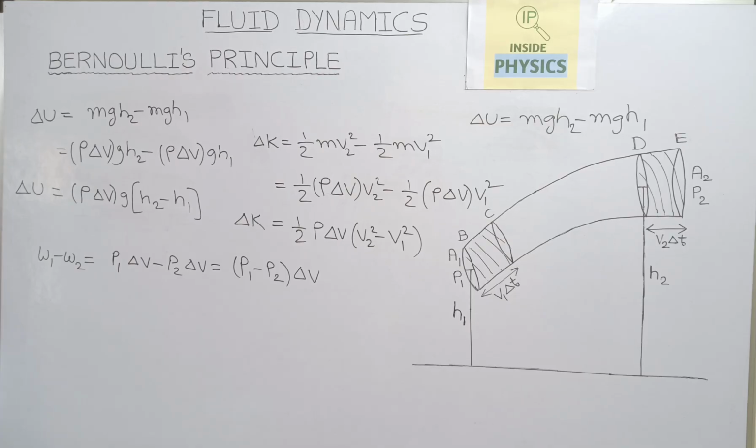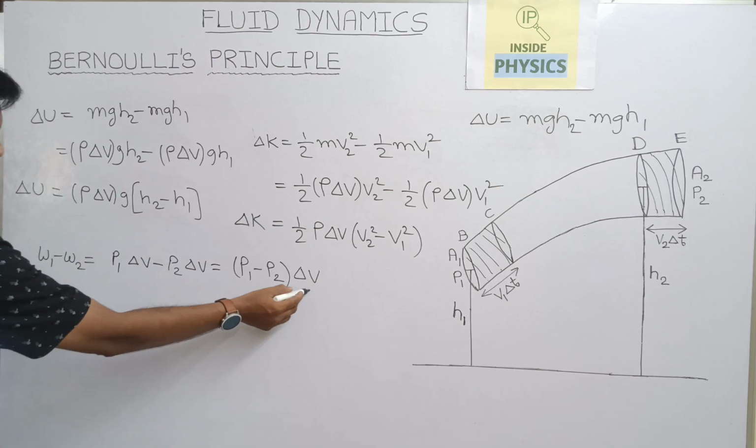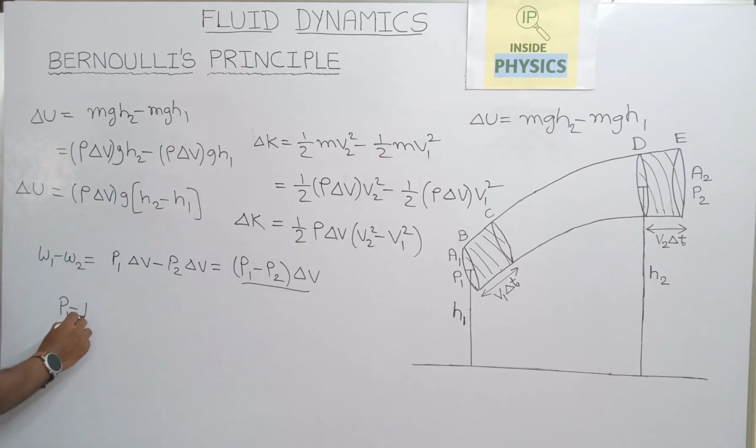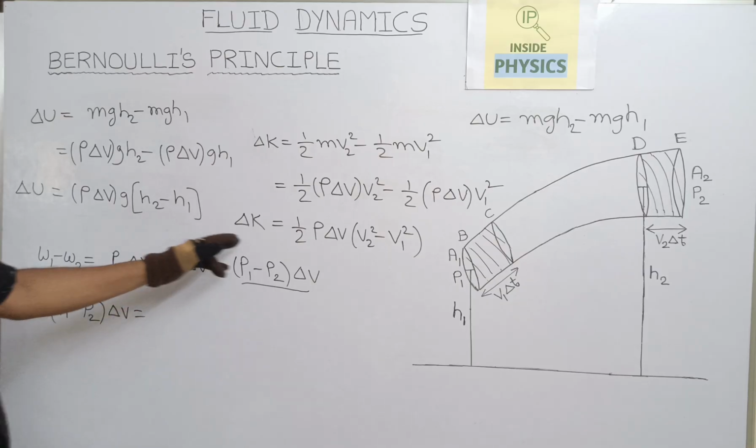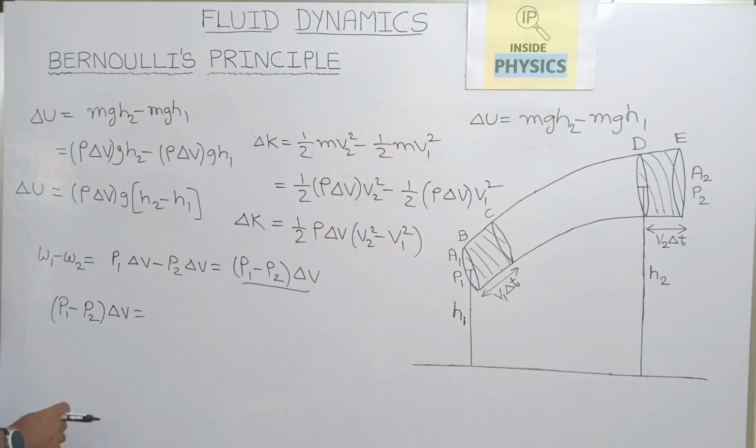Okay. So here, according to the work energy theorem, what is the work done here? We already calculated that (P1 minus P2) into delta V is equal to the change in kinetic energy plus the change in potential energy.